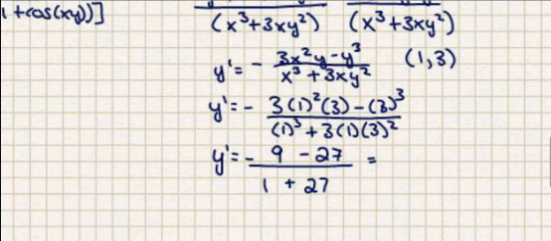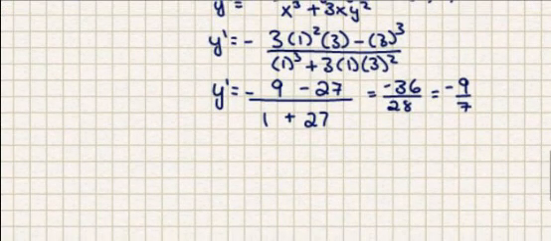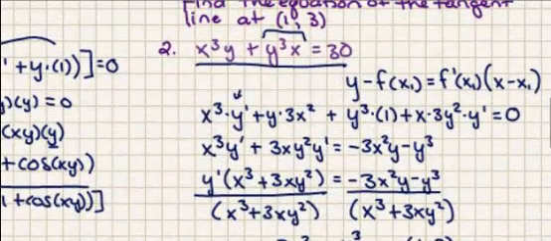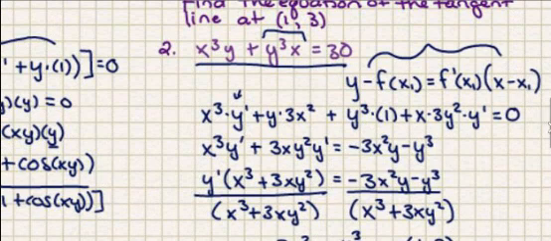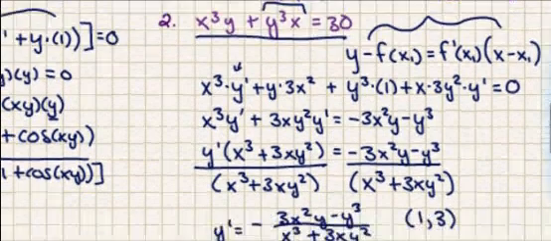So that's going to be negative 27 minus 9, negative 36. 1 plus 27 is 28. So negative 9 over 7. So the derivative is your slope. So negative 9 over 7 is your slope. So we're going to plug it into that equation that I showed you up here, and plug our x1 into the equation as well.